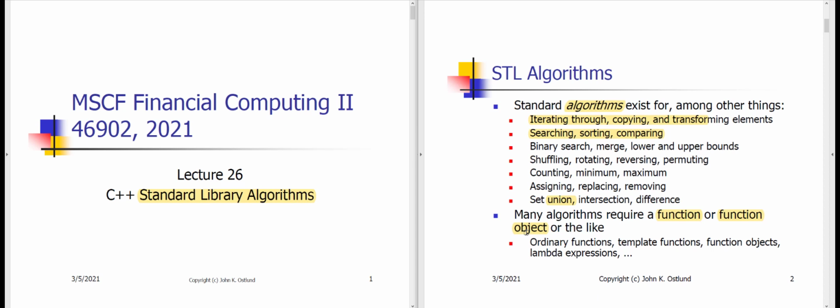And so in a case like that, we need to feed in a function to the algorithm, or a so-called function object, or a so-called lambda expression, some form of comparison function or organizing function that we can use to drive the algorithm. All right, so that's kind of hand-wavy. So let's get into some details here.